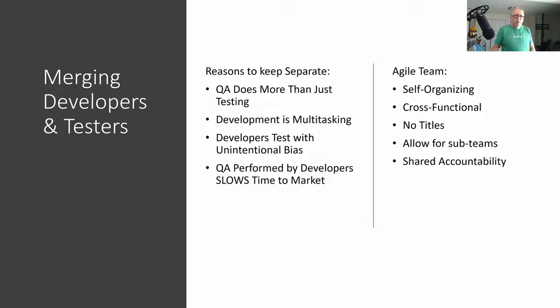And I want to describe my opinion as to why to keep development and testing separate. It's not that they're completely separate, but that they require different skills. And so QA does more than just testing. They were checking: do I actually have all the functions I needed?